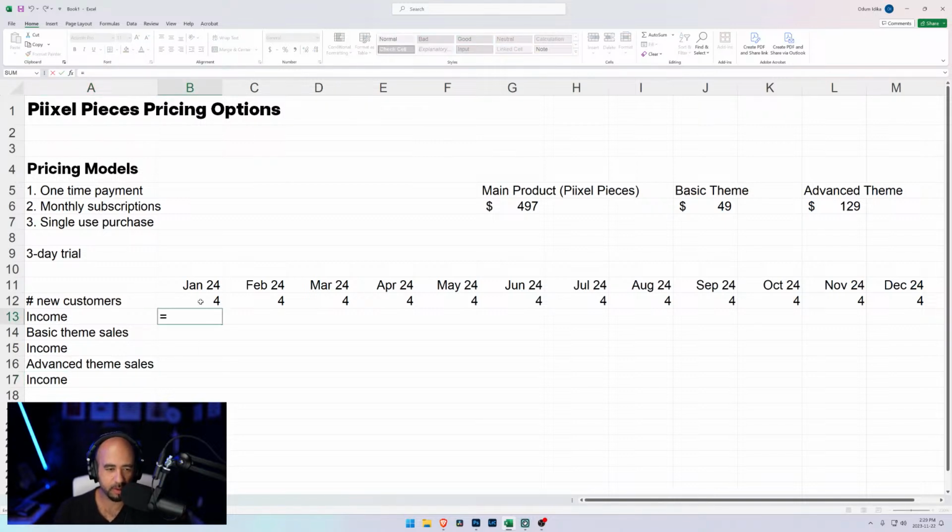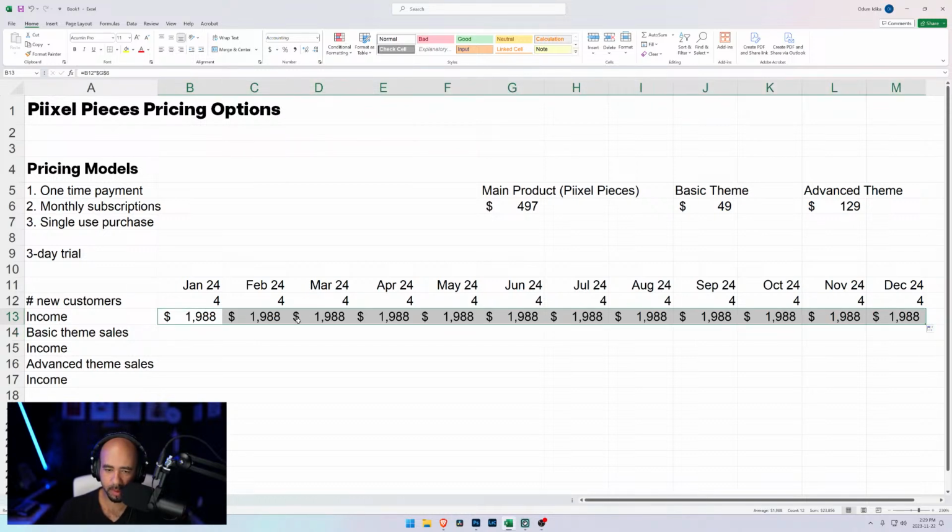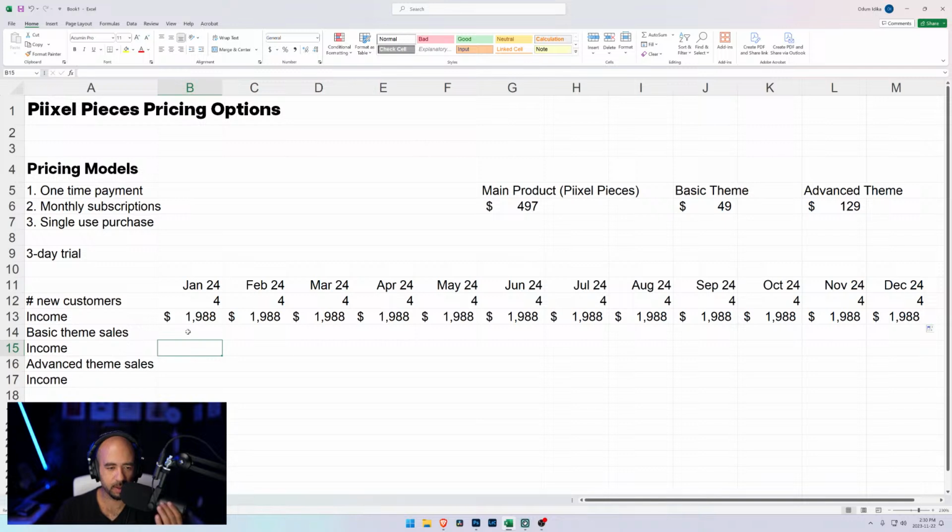So this would equal 4 times this much. And we want that to stay put. Okay. And then theme sales. Again, I have no idea how much this would be and how much it should be and how many we'd make.